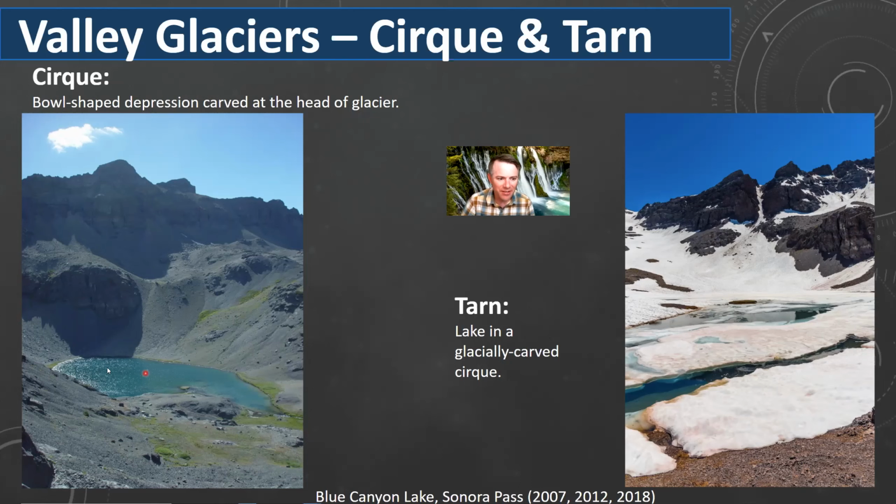The lakes themselves that usually happen that you see there, they have a special name. This is called a tarn. And so this is a lake in a glacially carved cirque. So a tarn is just a glacial lake, basically. And these two pictures are the exact same place. This was in July of like 2004. This one was just 2 or 3 years ago in July as well, when we had that heavy snow year, and the snow hadn't melted yet.